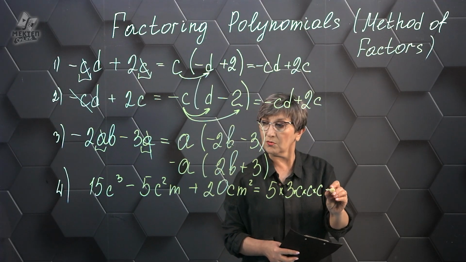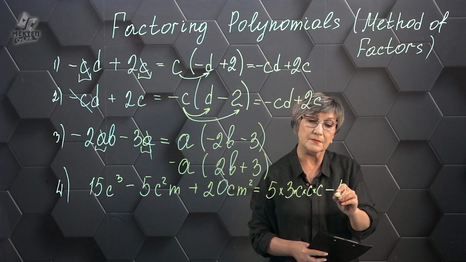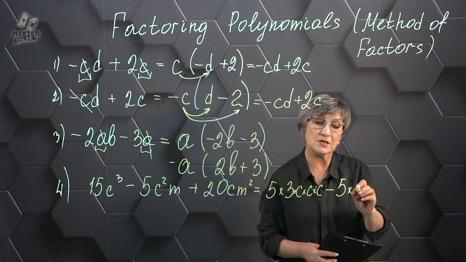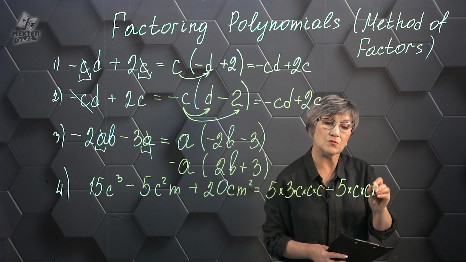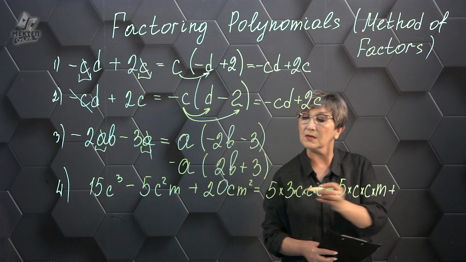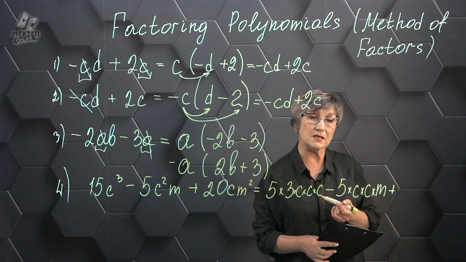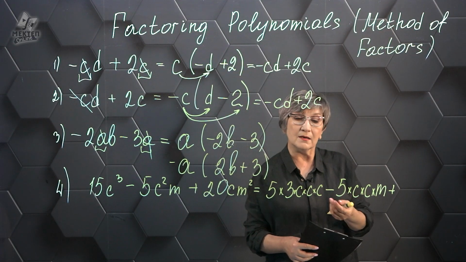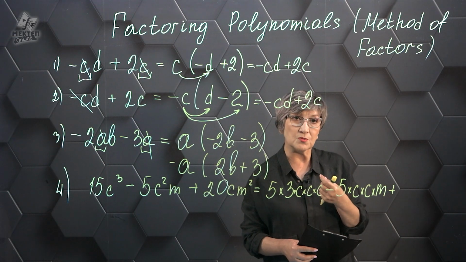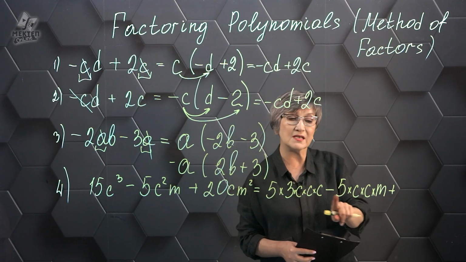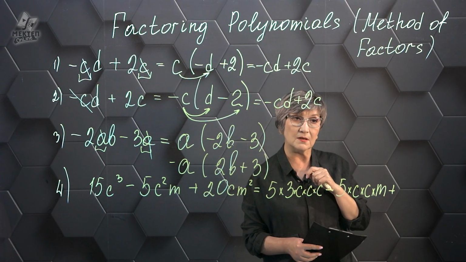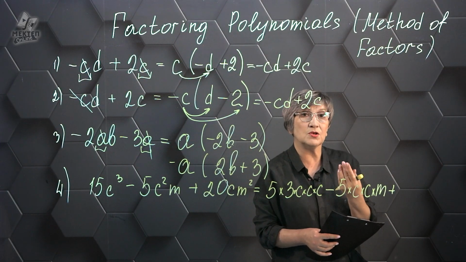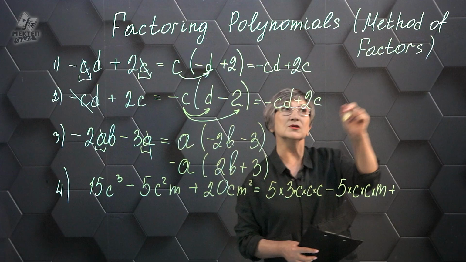Let's move on to the second term. 5 is only 5 multiplied by 1. To the second power, it is c multiplied by c and multiplied by m, plus 20. 20 is 2 times 10, but then we won't find a common factor. Because in the first terms, the common factor is 5, and if we write 20 as 2 times 10, then we won't see it.